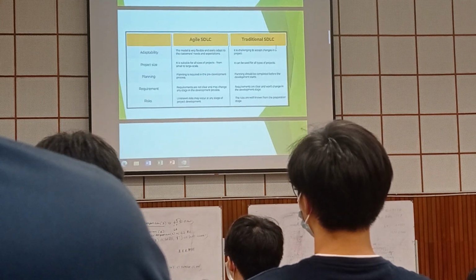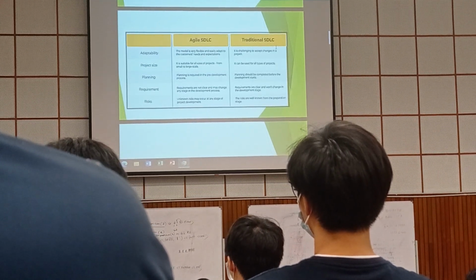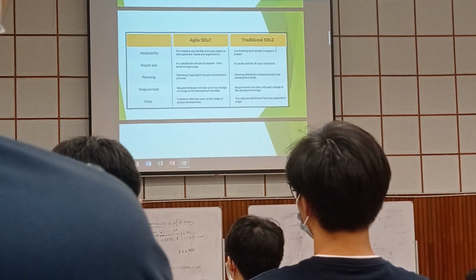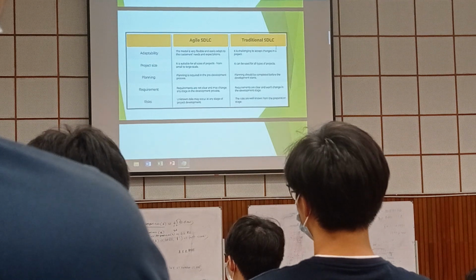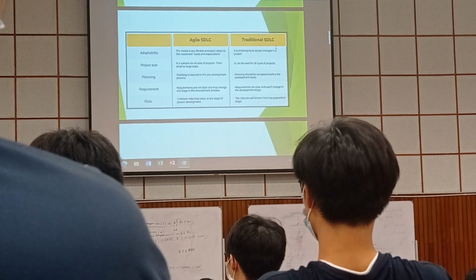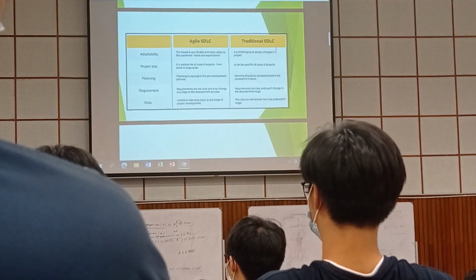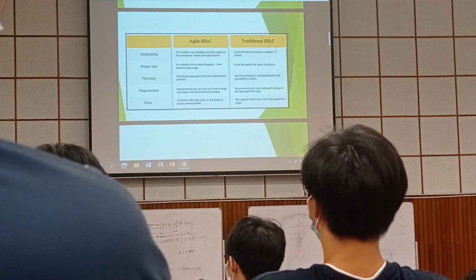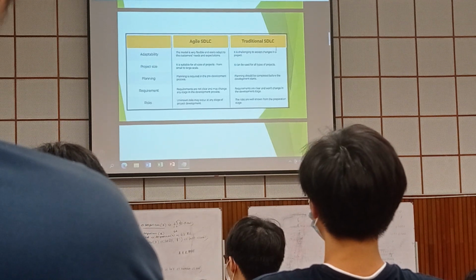Why is the risk there in agile? Because they are giving the flexibility, right? They are giving the flexibility that you can change the requirement as you like, you can change the planning as you like. So that flexibility will cause you risk later. So what are the risks? Maybe the planning, because when you develop any project, you have a duration.